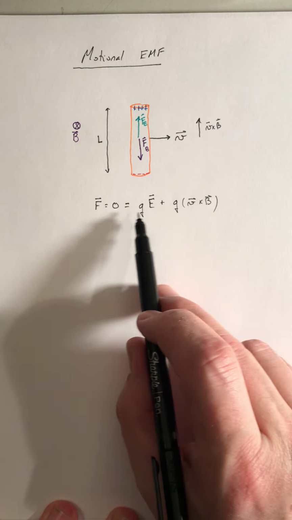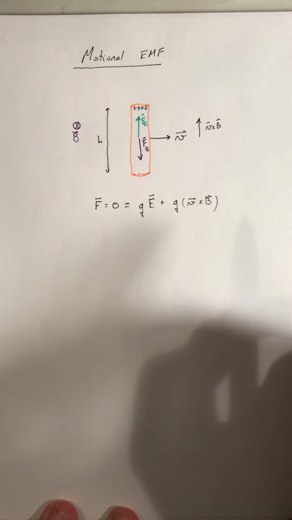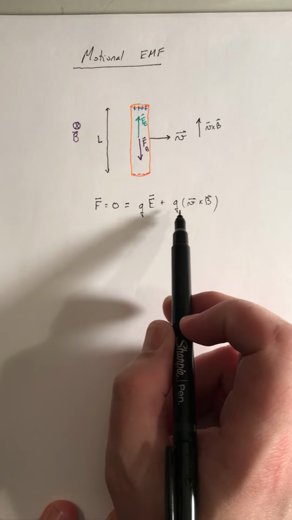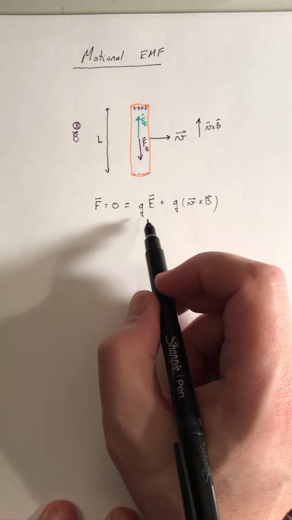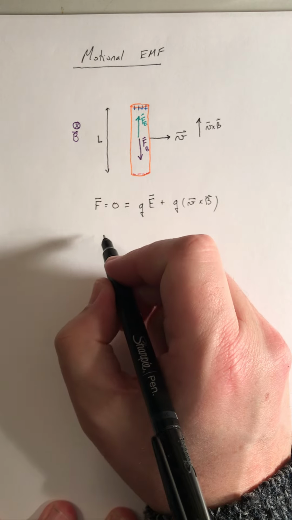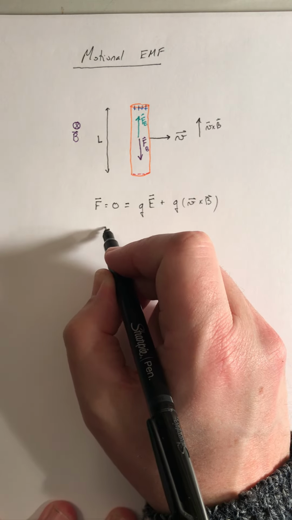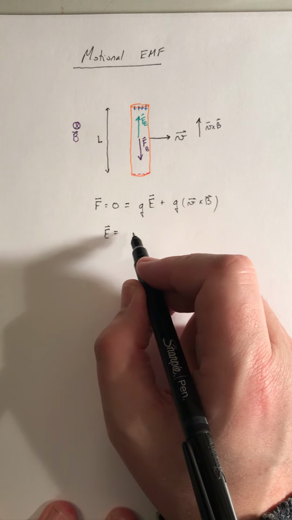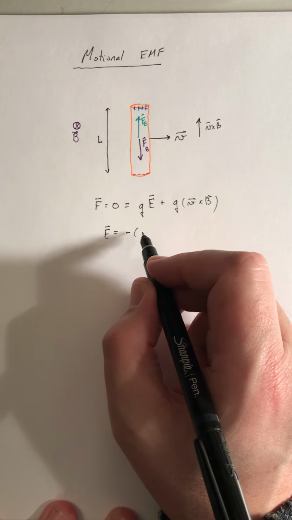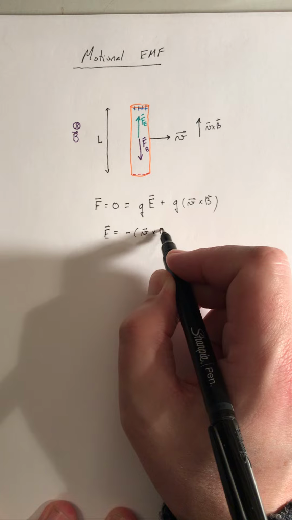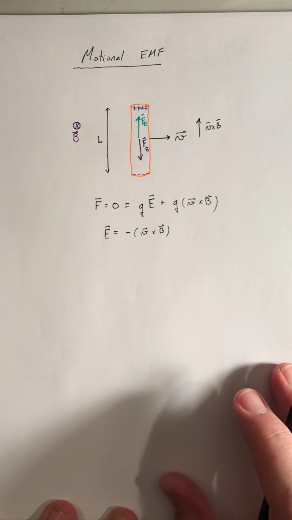Q is multiplying both of those terms, and the sum of those terms is equal to 0, so I can just get rid of the Q. We'll have that the electric field is going to be equal to minus V cross B.